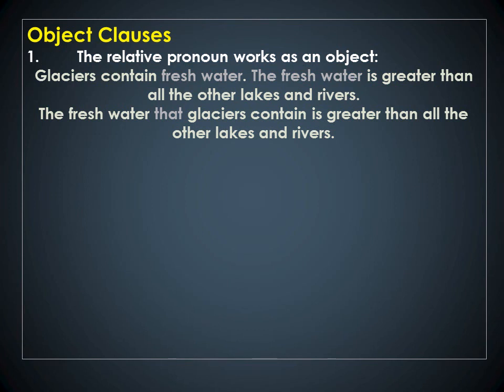The fresh water that glaciers contain is greater than all the other lakes and rivers. Forgive me there, please. It's the first time I'm doing this, so I know you understand. I'll get better as time goes by. Let's move on.